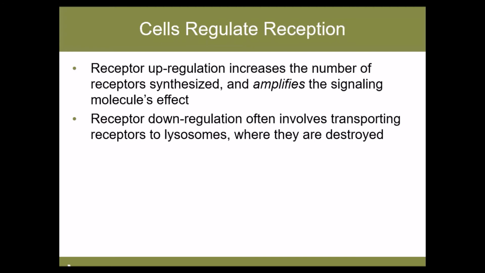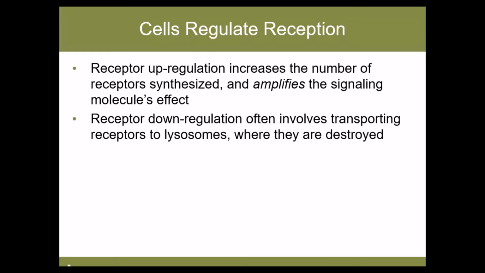Now, there is something called upregulation and downregulation. This helps, as it sounds, to increase or decrease the sensitivity of the reaction. And so the process of upregulation is going to give you an amplified type of signaling.